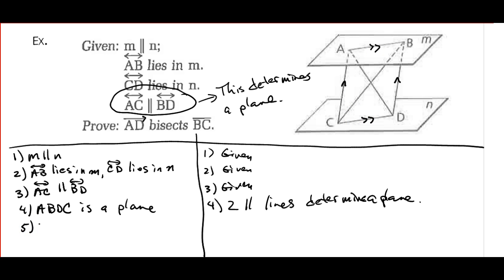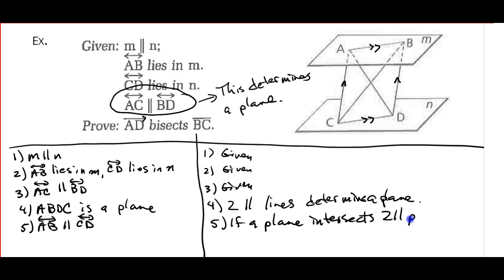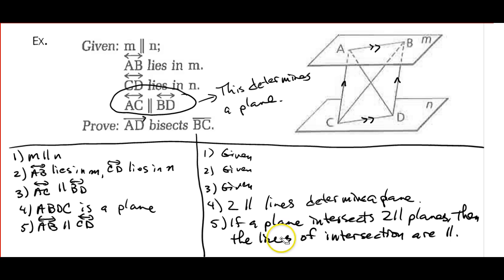So I've got that AB is parallel to CD, if a plane intersects 2 parallel planes, then the lines of intersection are parallel. Let's fix this word over here.